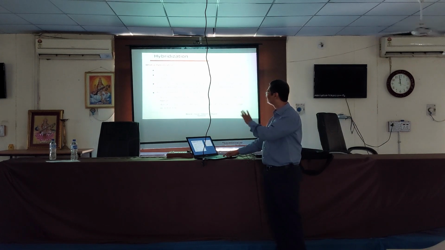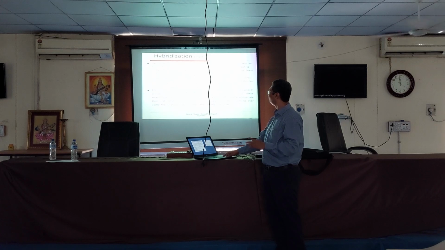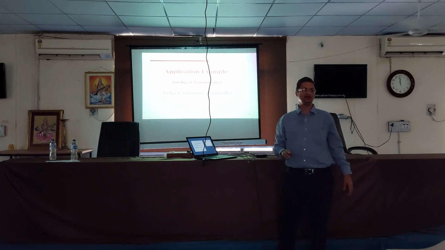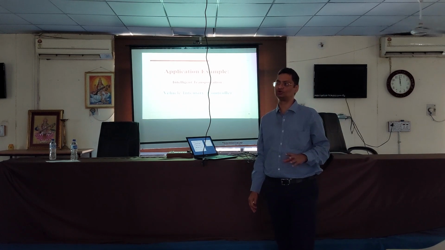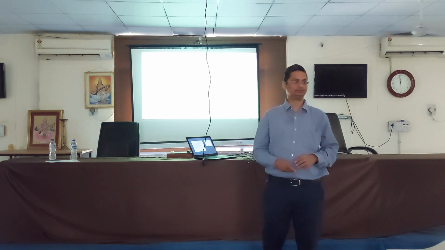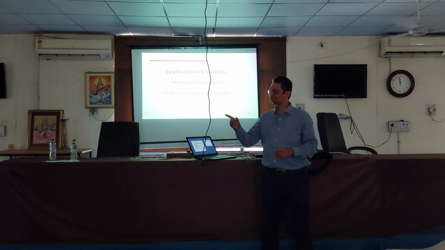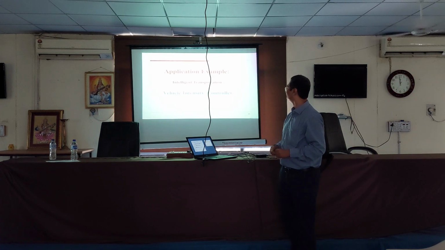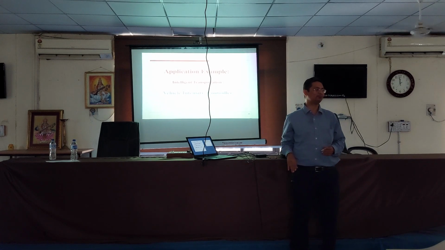There are a few slides on why it is required and so on, that I am not going into in detail, but let us talk about three or four examples. So this is a very simple example.